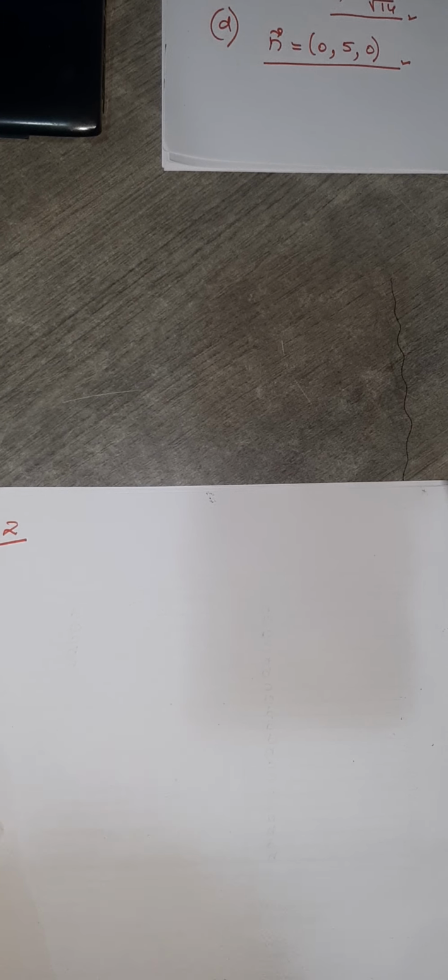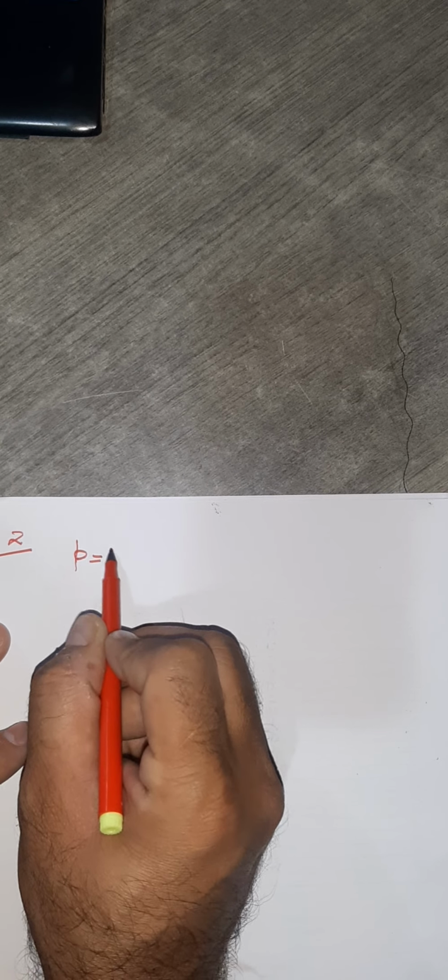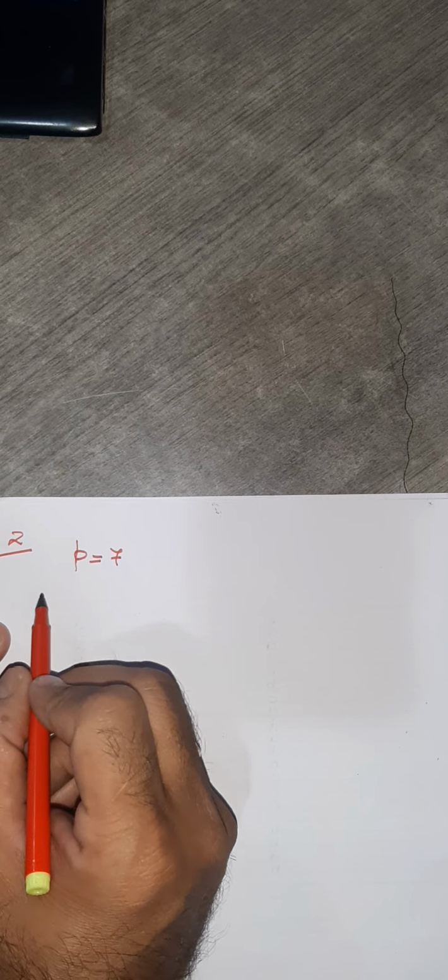In the next question, you are given: find a vector equation of a plane which is at a distance of 7 units from the origin and whose normal is given. So here the distance from the origin, which I call small p, is 7, that's given to you.